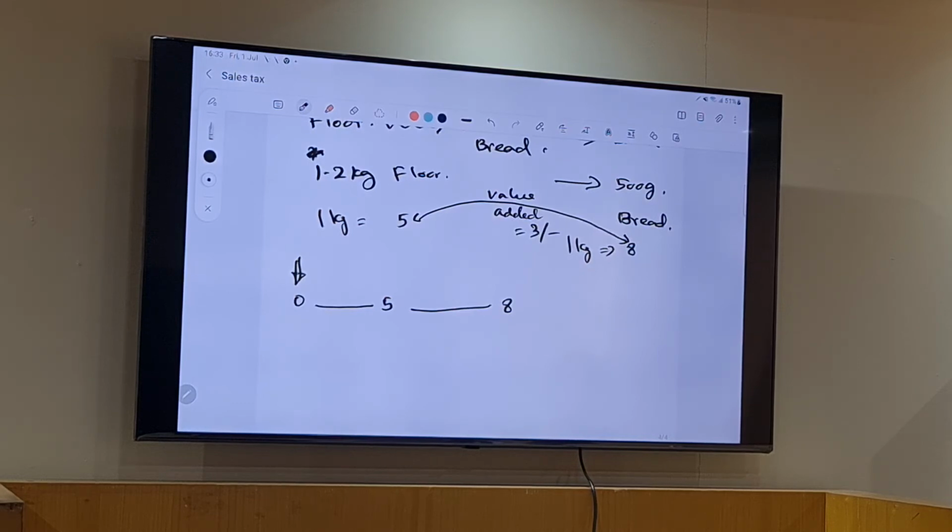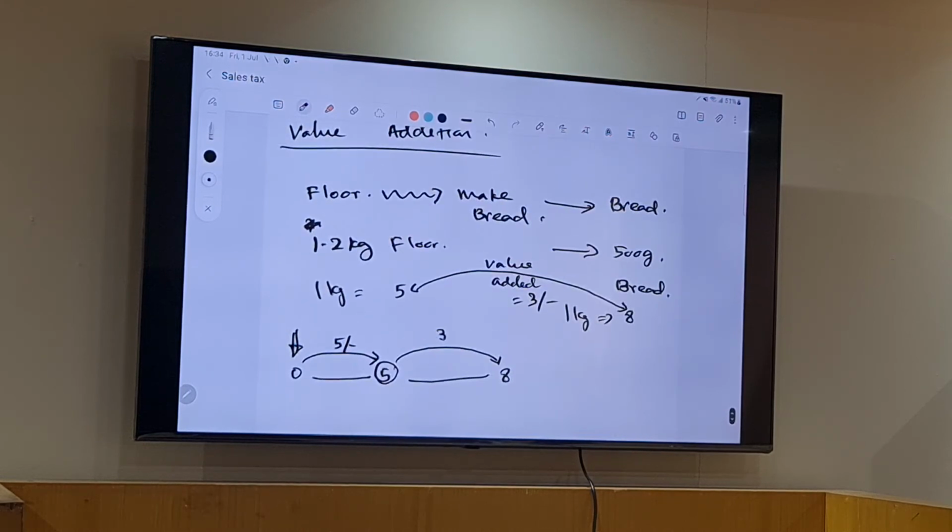So I went to purchase the flour, and the flour cost me 5. So when I buy the flour, I have added the value of 5. And then this flour is processed and converted to bread, and I added another value of 3.